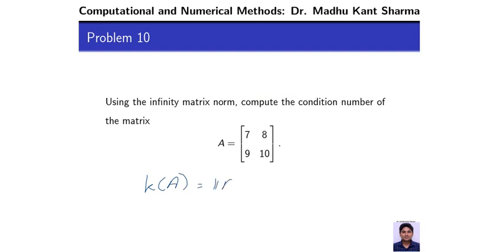So if you recall again the infinity norm of the matrix, norm A infinity is straightforward. That is going to be the maximum over the row sums: the first row in magnitude 7 plus 8 is 15. The second row sum in magnitude is 19, so the infinity norm of the matrix is 19.